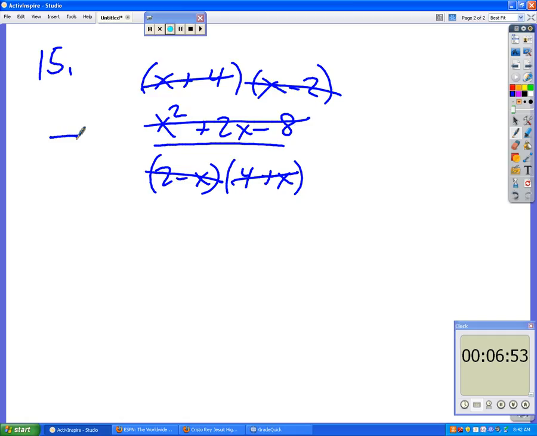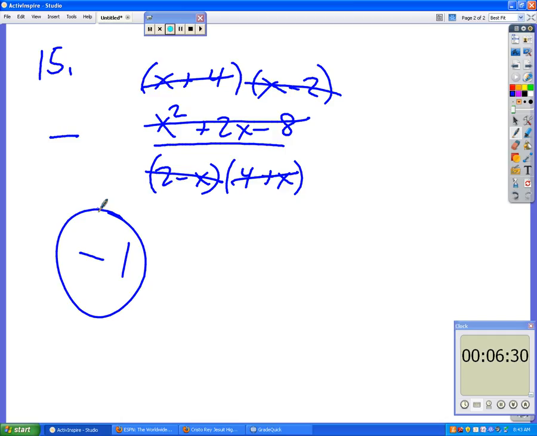Now, if they're all pluses, it doesn't matter. They can cancel out. But if they're backwards and they have a minus in there, they cancel, but you have to put a minus in front. So what's left? The negative, and here everything cancels, right? So it's 1. And that's your answer.